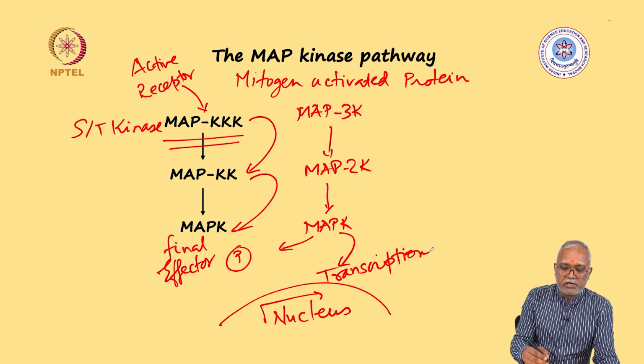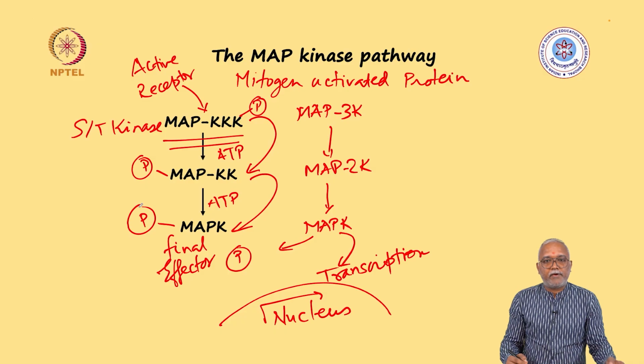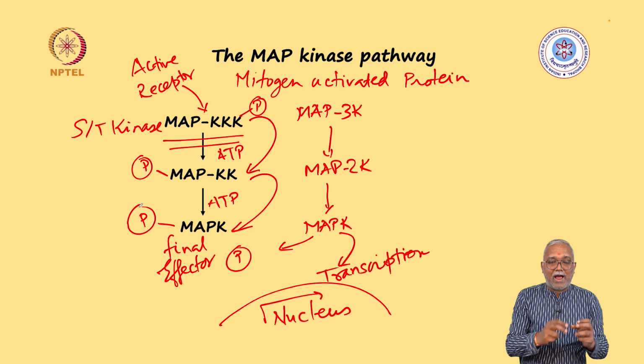So you see the analogy of the phosphorelay which I was mentioning. However, it is not a phosphate transfer; rather, ATP is utilized here, and the next kinase is phosphorylated. The phosphorylation makes that particular kinase active. It looks for the substrate, utilizes ATP and phosphorylates the final molecule. In very early classes I told you this phosphorylation is a kind of switch to make the molecule active or inactive.